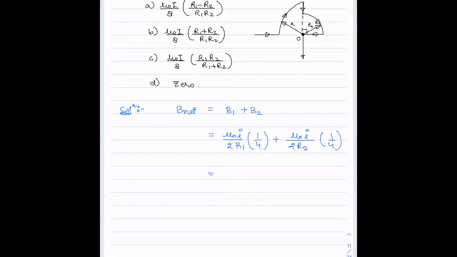So you solve it, you will get mu naught I by 8 within bracket 1 by R1 plus 1 by R2. And when you solve this, you should get R2 plus R1 divided by R1 into R2. Hope you would have also got the same answer. Option B is correct. Is it fine? Option B is correct over here.